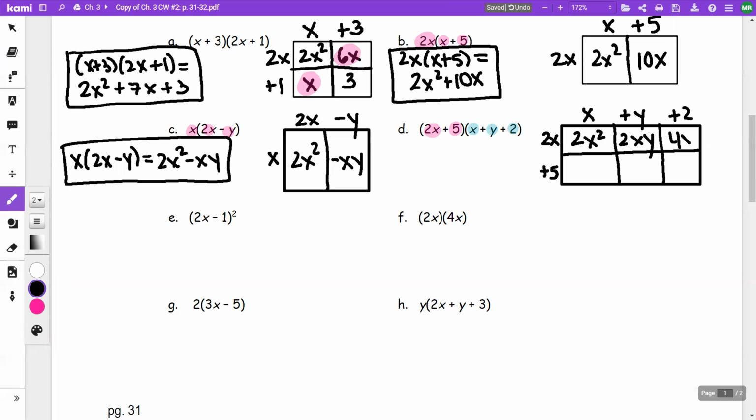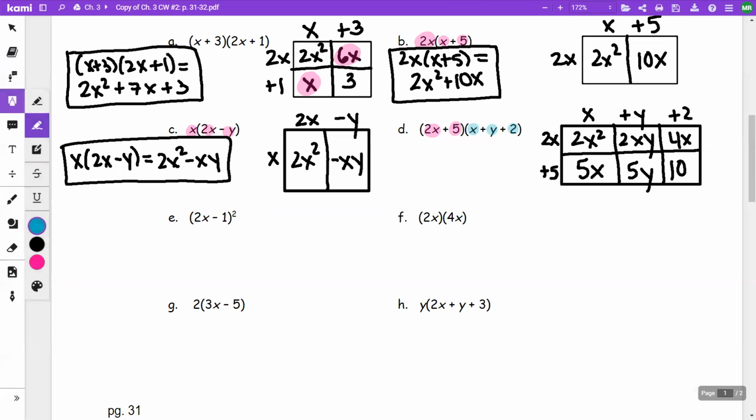2x times 2 is 4x. 5 times x is 5x. 5 times y is 5y. And 5 times 2 is 10. And if I try to add up like terms, let's see, I've got a 4x and I have a 5x. That's it.